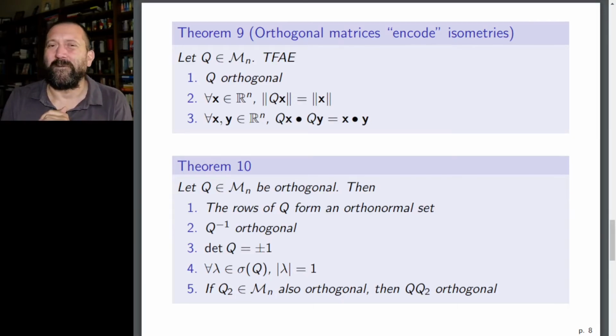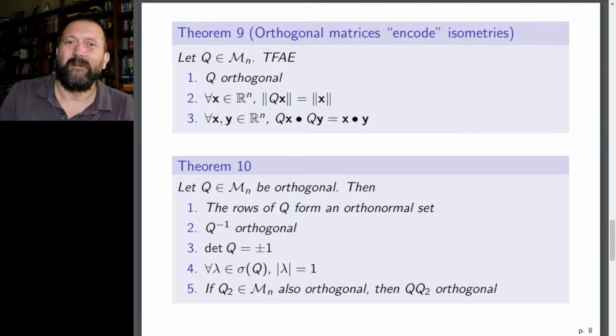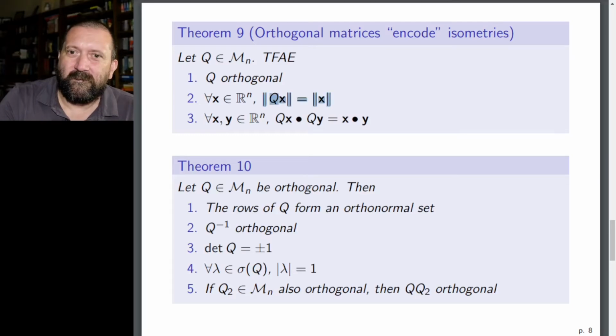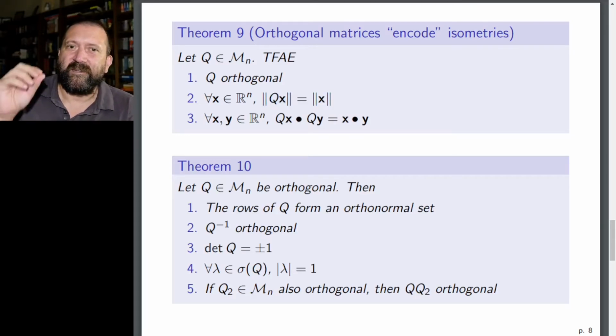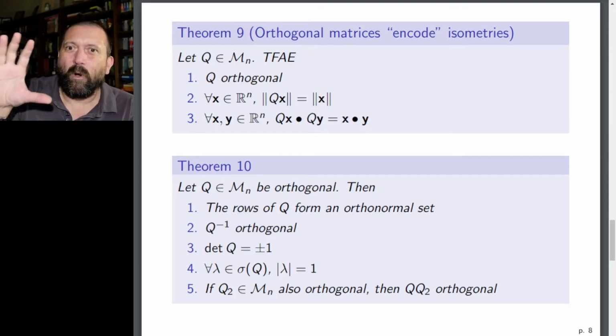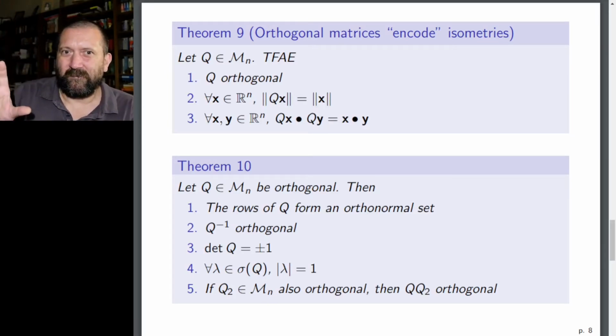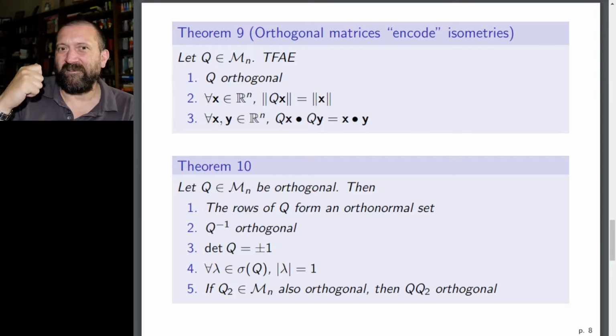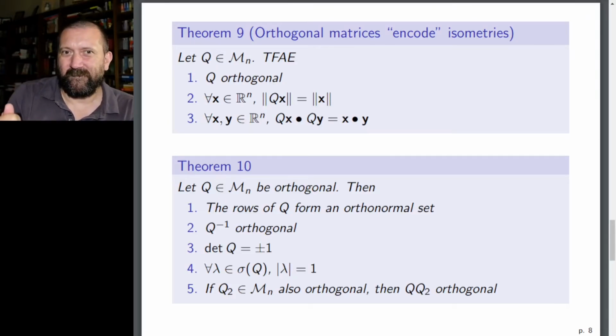Can't remember if you do that in 1210, but you see what I mean. So that property number 2 here says that if you apply that transformation, encoded by this matrix, to any vector, you get a vector that has the same length. Okay, so that's why we call it an isometry.